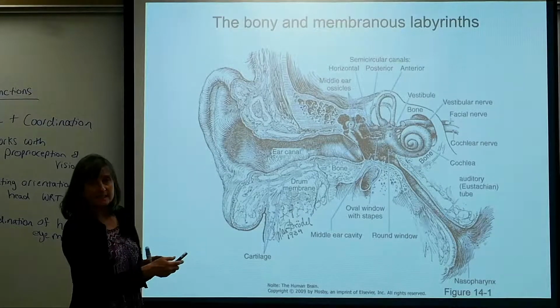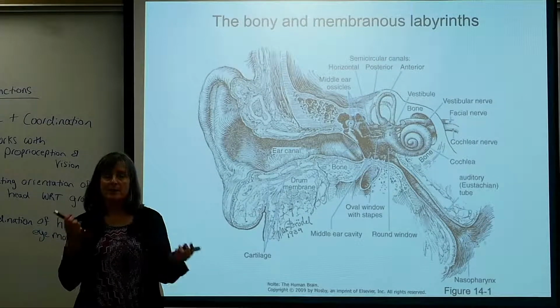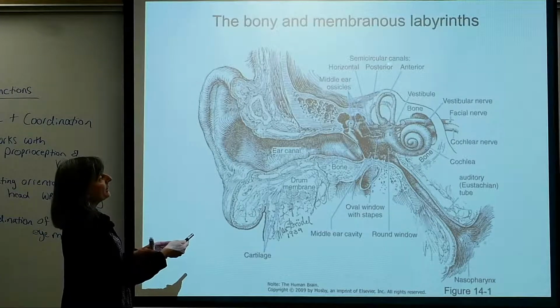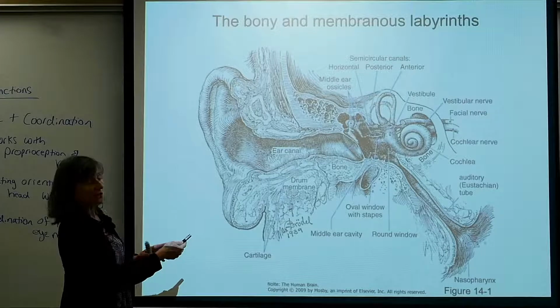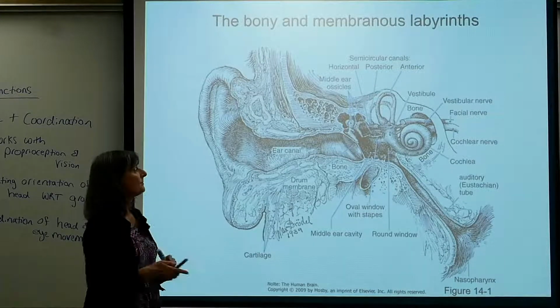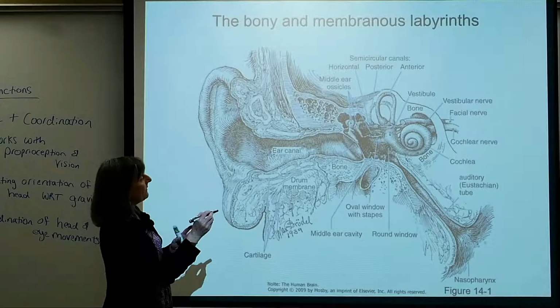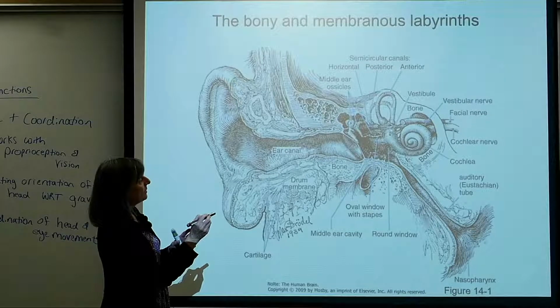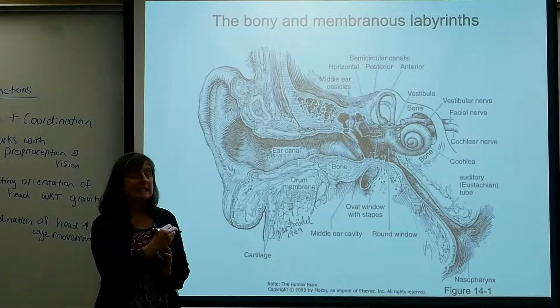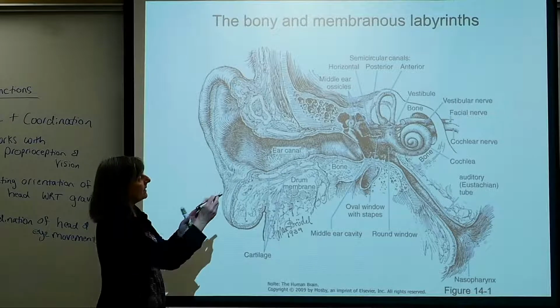There are 3 on each side of the head: a horizontal, a posterior, and an anterior semicircular canal. These detect angular acceleration. Then located in our vestibule we have what are called otolith organs, and those are responsible for detecting linear acceleration.